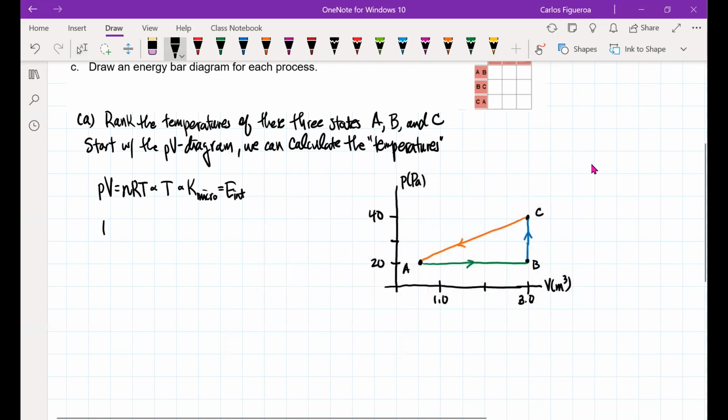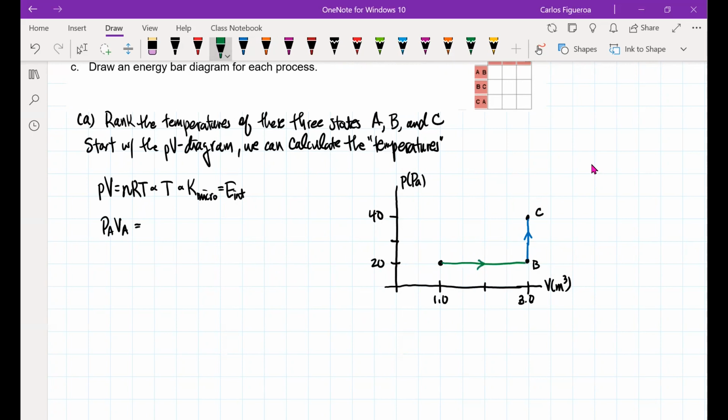If I look at PA times VA, just picking off the numbers, I made a mistake. Look at my A value. My A value is wrong. My A value should be right here.